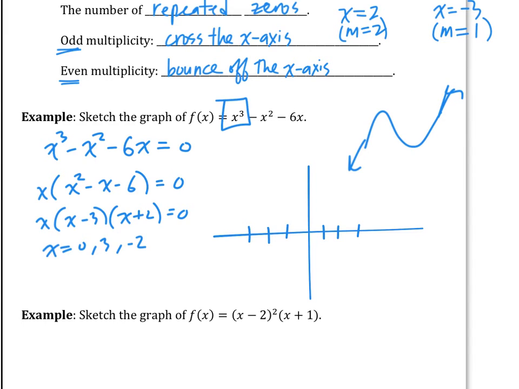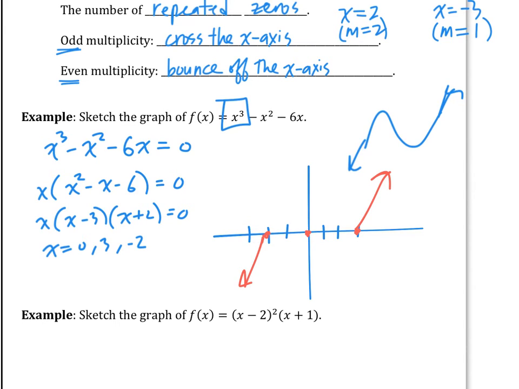So we know that there are 3 zeros on here, 0, 3, and negative 2. I know that this side is going to go down, this side is going to go up. Remember, zeros means that's the only ones it's going to cross the x-axis. So next, the question is, how is it going to look like? Is it going to look like this?